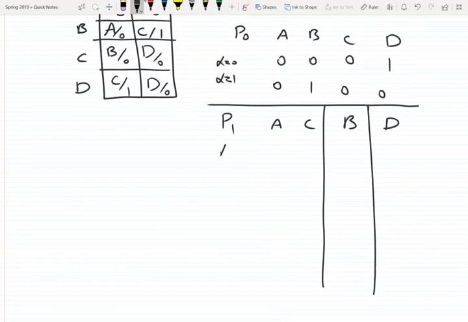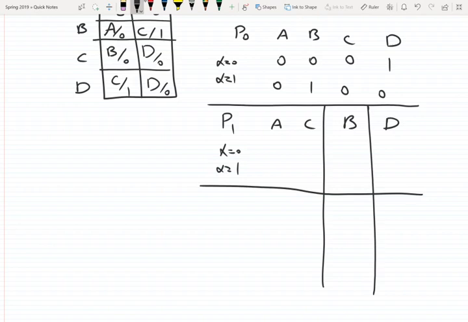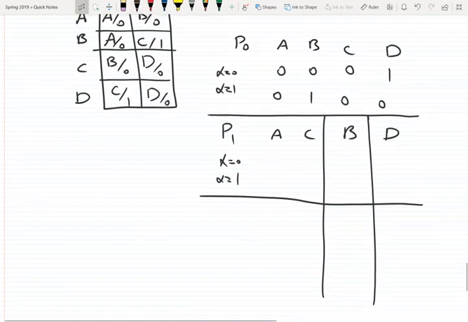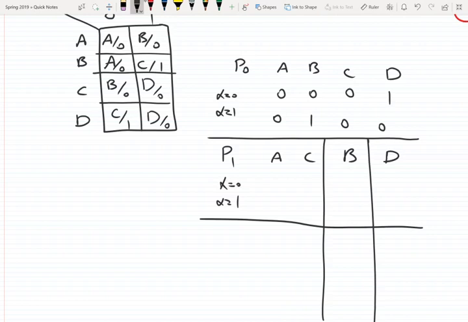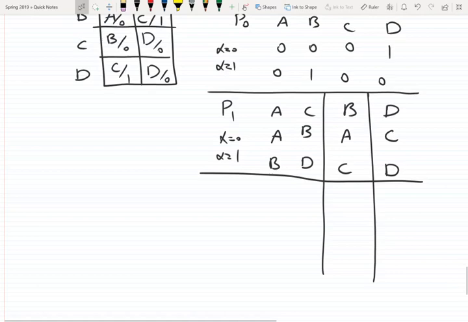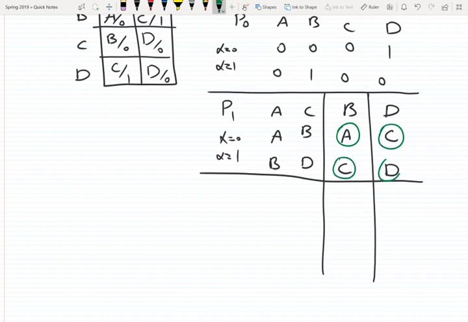So now for x is 0 and x is 1, we need to write the next state. For A, if x is 0, 1, the next states are A, B. For C, the next states are... A, C, C, D are single states.